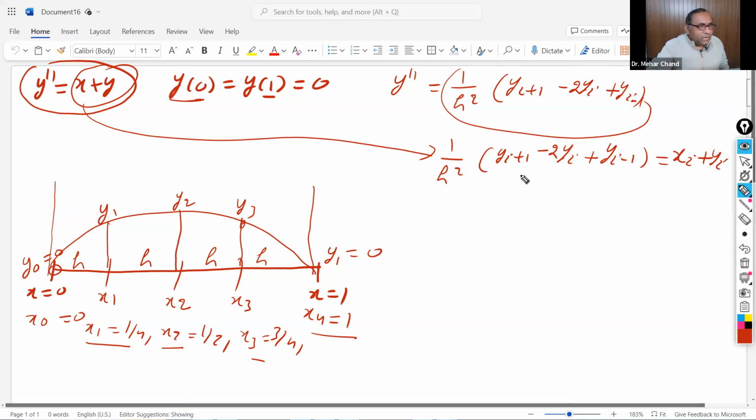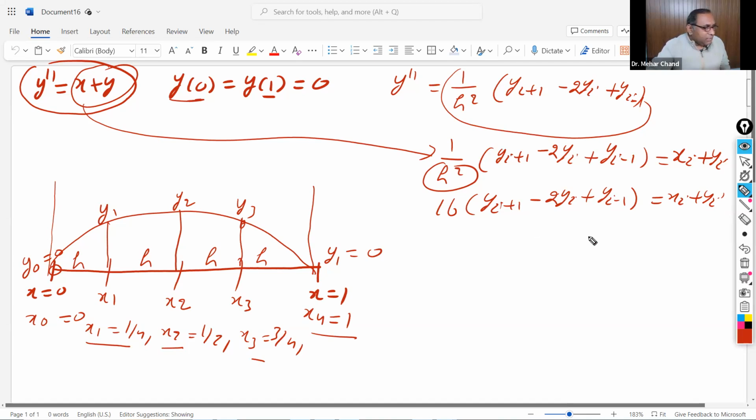When you put the value of h at this place, where the value of h is 1 by 4, this will be reduced into this form: y_{i+1} minus 2y_i plus y_{i-1}, and x_i plus y_i.